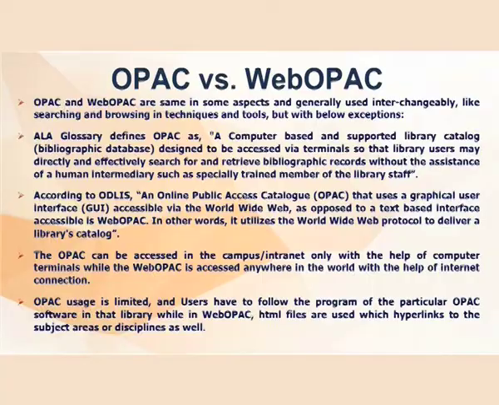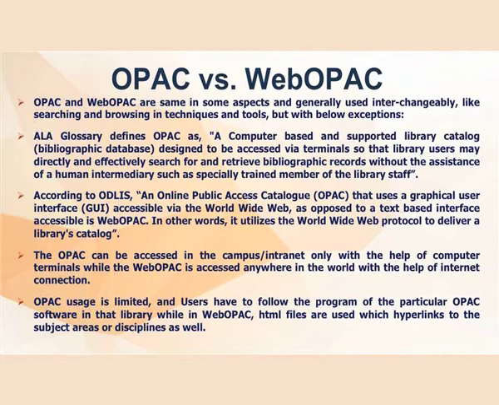So, let us try to distinguish OPAC and WebOPAC. OPAC and WebOPAC are the same in some aspects, and the terms are generally used interchangeably, like searching and browsing techniques and tools are almost the same, but there are some exceptions.